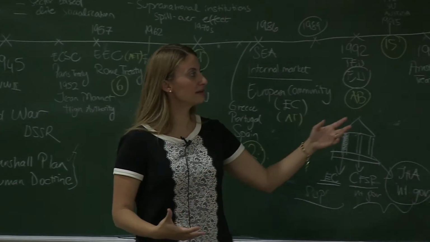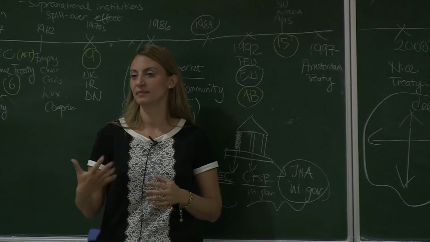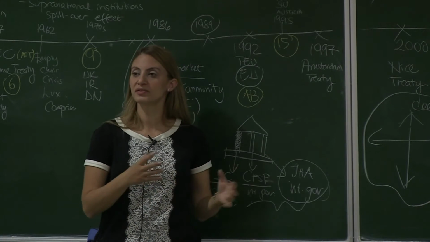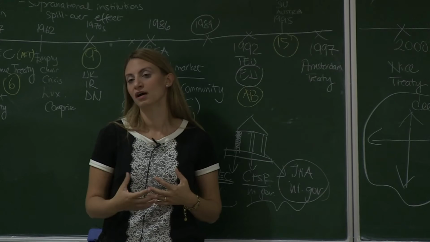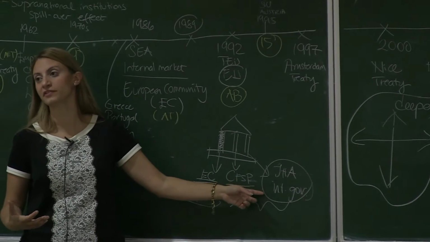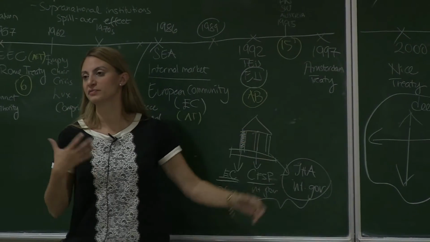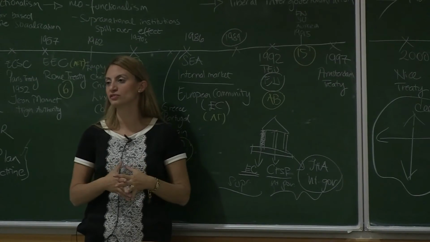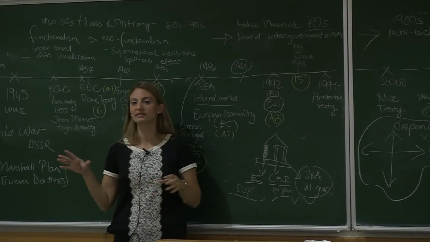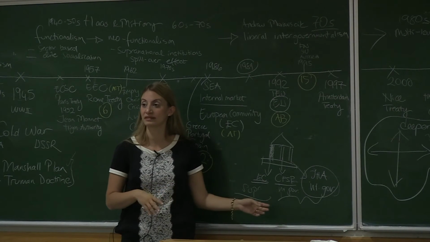That's why with the Amsterdam Treaty, this complicated structure was aimed to be simplified and become more effective, and with the introduction of certain other provisions, the policy areas were hoped to become more effective. For example, certain issues under the Justice and Home Affairs pillar were moved to the Community pillar with the Amsterdam Treaty, because it was thought that in the case of issues regarding migration, refugees, asylum, it's not possible to decide at the intergovernmental level; it has to be decided at the supranational level, the community level.